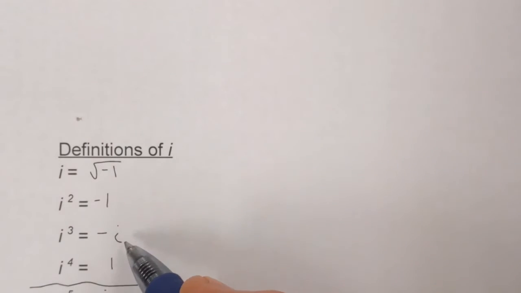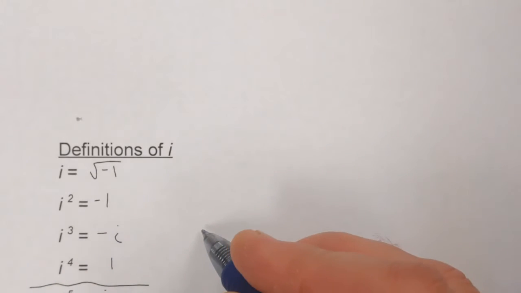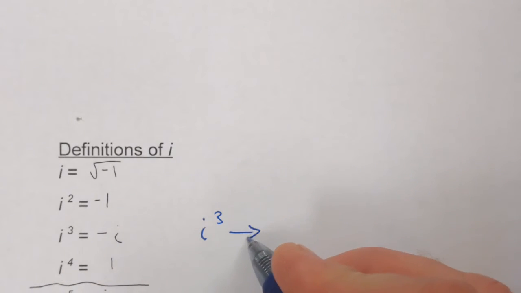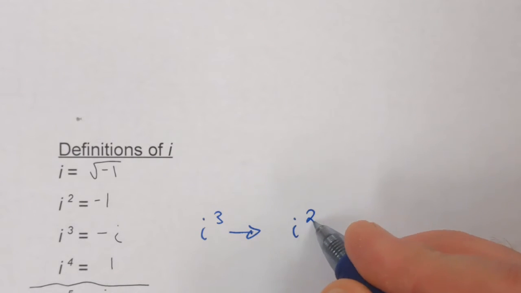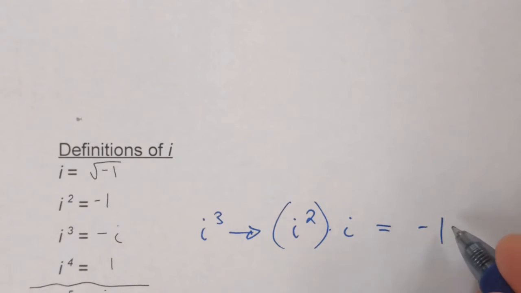Well, there are some interesting properties if you keep continuing with this process. So what that means is that i to the third is actually negative i, and here's why. i to the third can be rewritten as i squared times i to the first. And remember, anytime you have an i squared, that can be simplified to negative 1. So i to the third is equal to negative i.